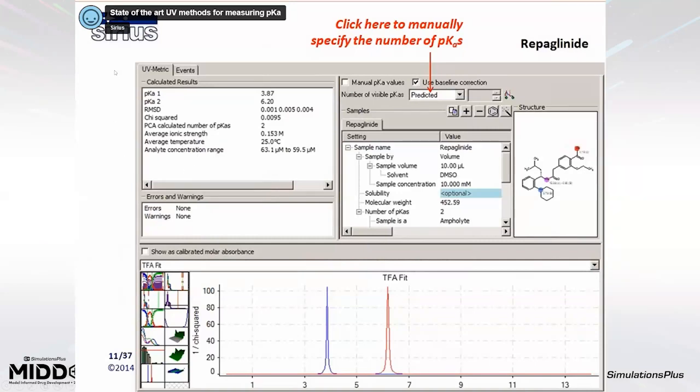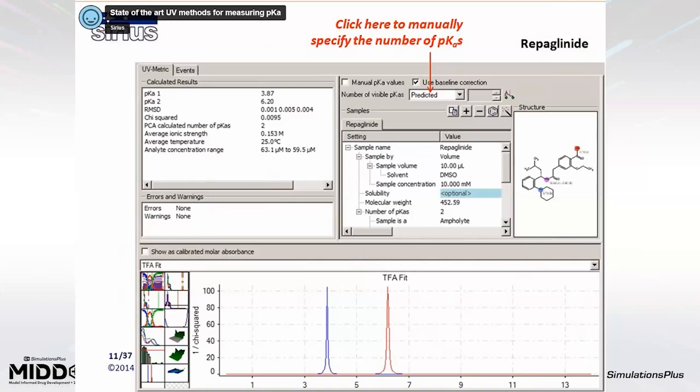Okay? The popular instrument for measuring pKa, the Sirius T3 instrument, has software, of course, that lets a user handle the results. Here's a parameter. Okay? Number of visible pKas, and visible means visible in the range of the instrument, that is between 2 and 12.